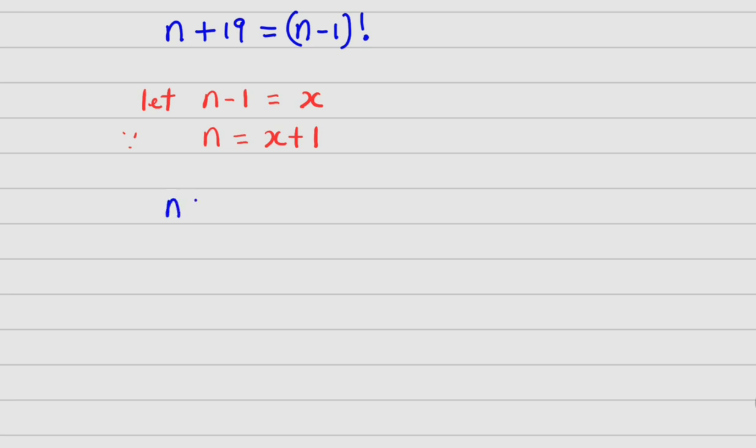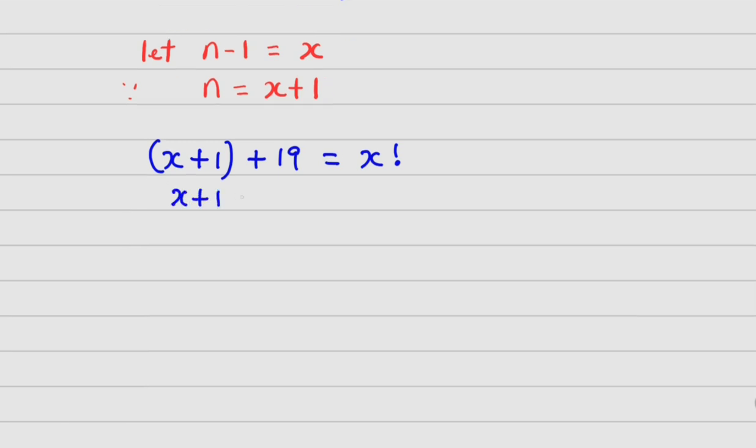In place of n now, I'm going to have x plus 1, then I have plus 19 will now be equals to x factorial, because n minus 1 is equals to x. Now, opening the bracket, x plus 1 plus 19 is equals to x factorial. So x plus 20 is equals to x factorial.